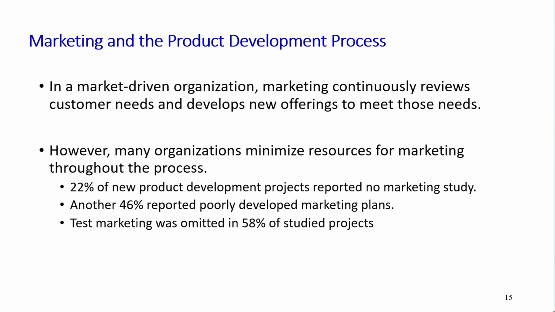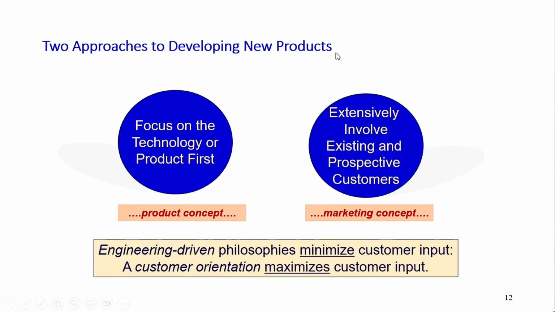So, the interaction between marketing and the product development process should attract our attention at this stage. In a market driven organization, remember that in that graph that we showed, where we are coming from the right side to the left side, the marketing concept dominates.